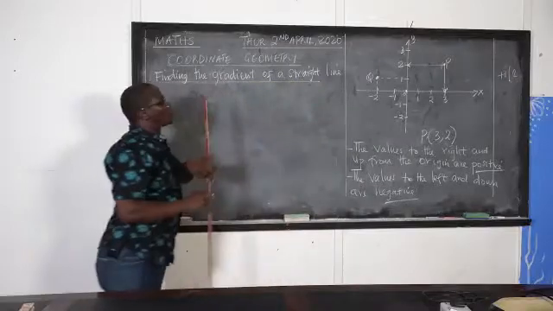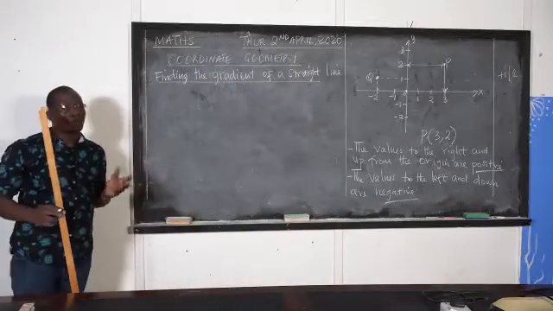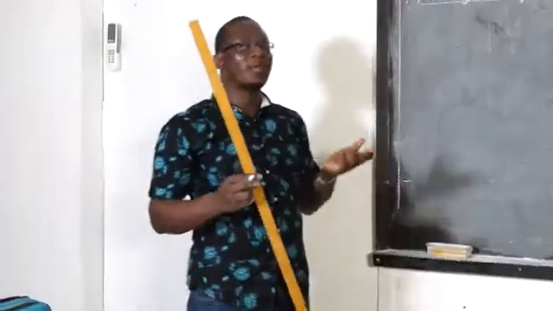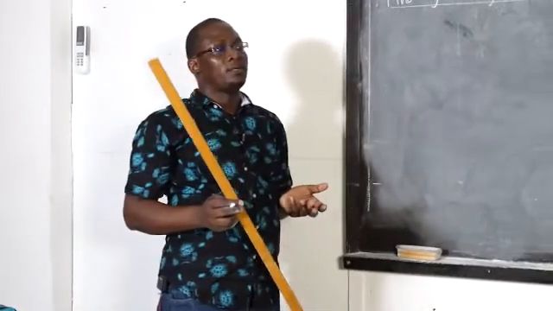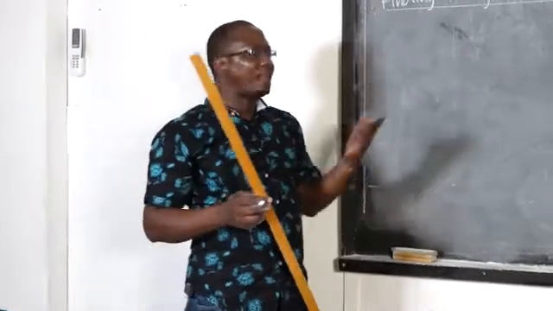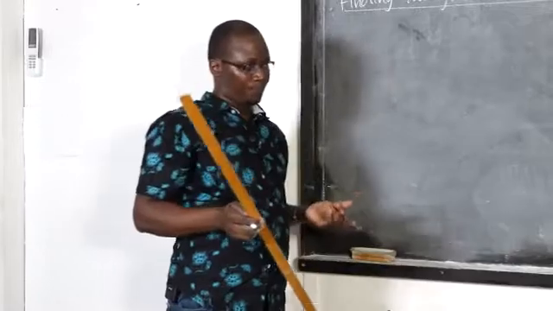So finding the gradient of a straight line, first of all, we need to know what gradient is. Gradient is simply another word for slope.